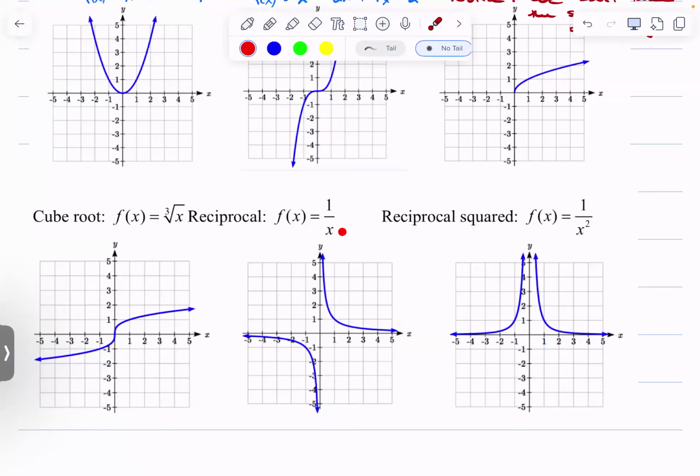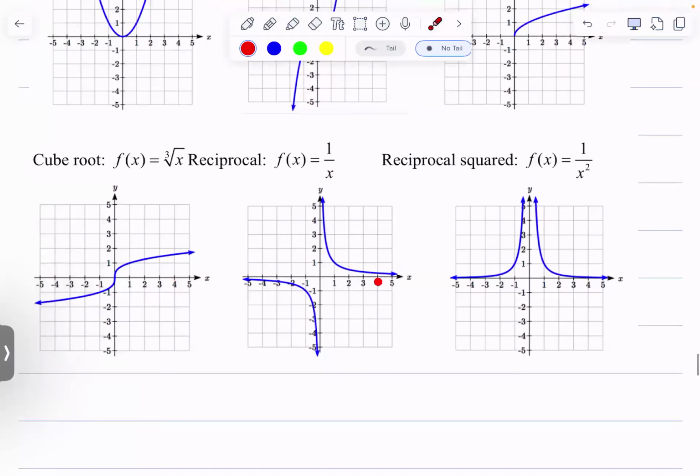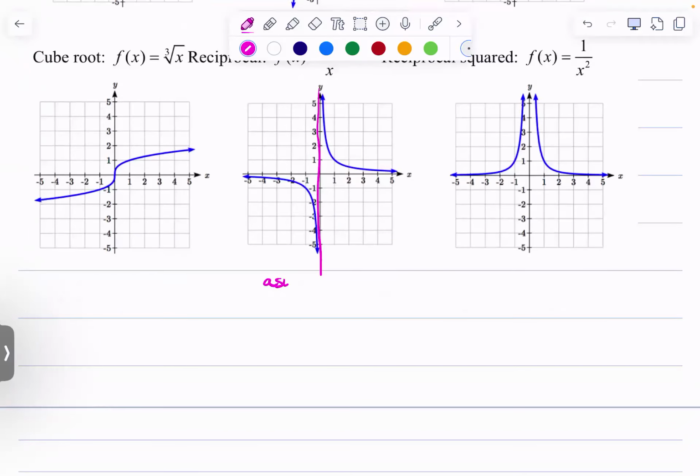1 over x. 1 over x looks like this. The asymptote is here. So in this case, we have an asymptote at x equals 0.